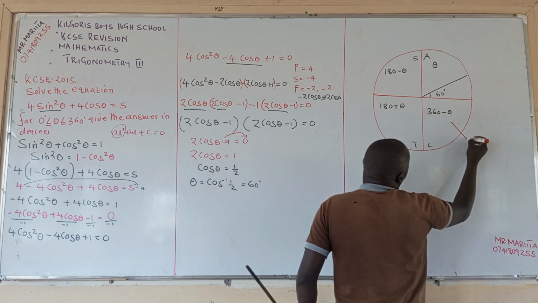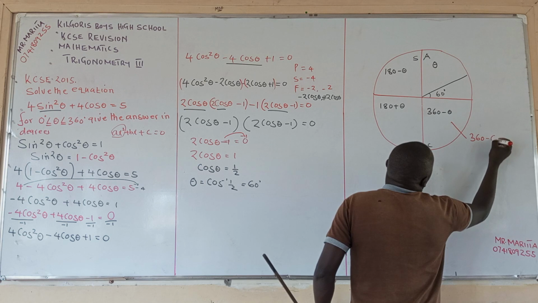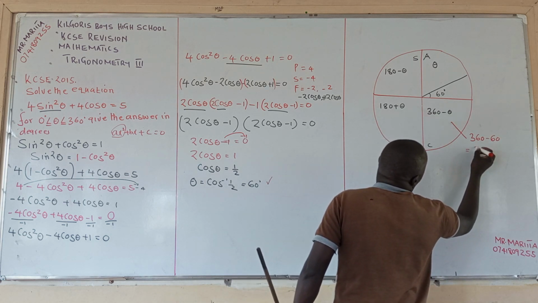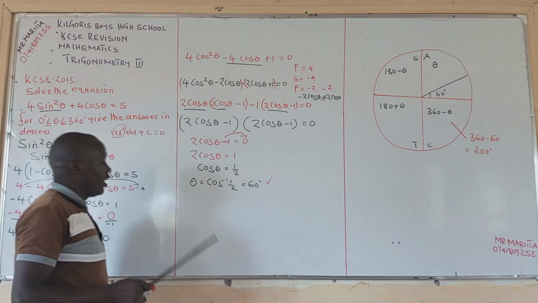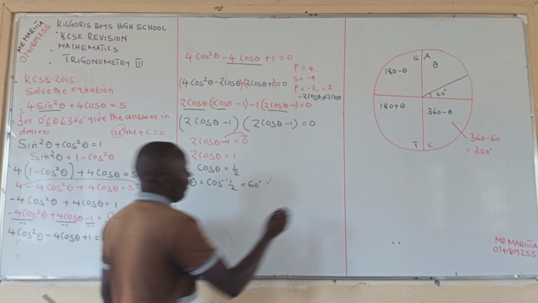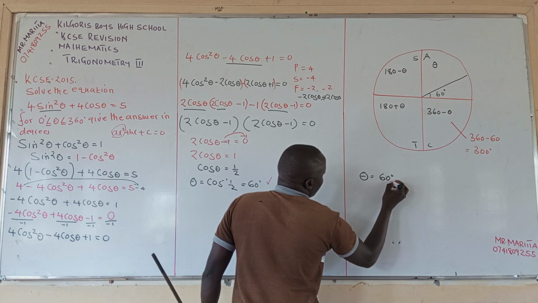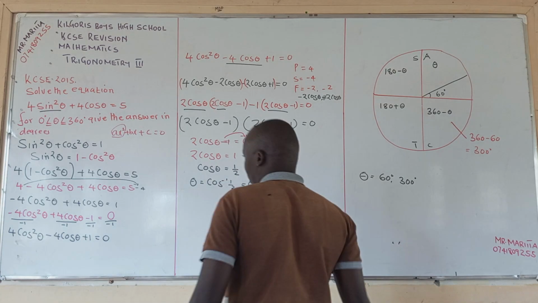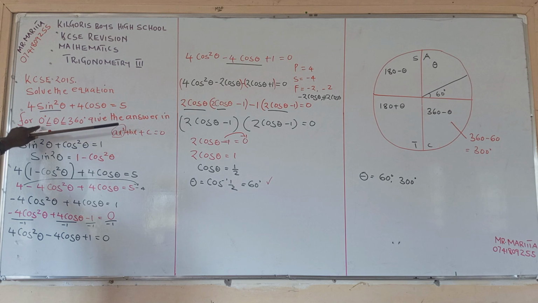So we can have 360 minus 60, and this is giving us 300. Therefore, the value of theta from this unit circle, you conclude that theta is equal to 60 degrees and 300 degrees, such that our range is between 0 degrees and 360 degrees.